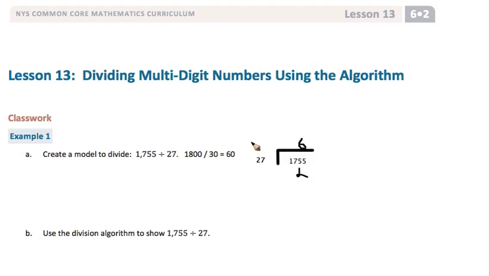Regroup the 4. 6 times 2 is 12, plus 4 is 16. Then we would subtract 175 minus 162 is 13, and we'll need to bring down the final 5.